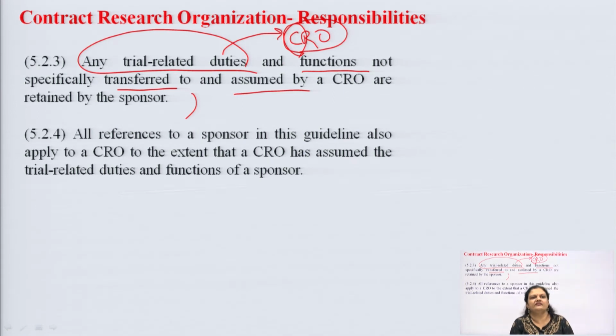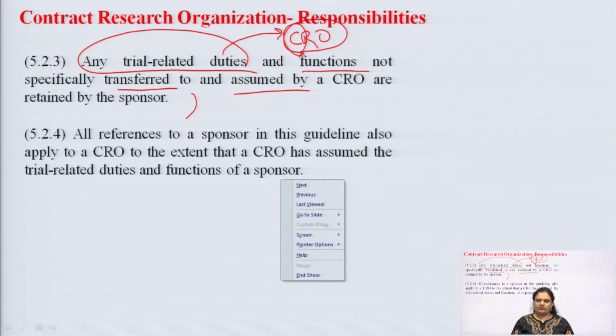So, all references to a CRO in this GCP guideline according to ICH apply to a CRO to the extent that the CRO has assumed the trial-related duties and functions of the sponsor, carried out fruitfully by following standard operating procedures under good clinical practices as per ICH guidelines. Okay.